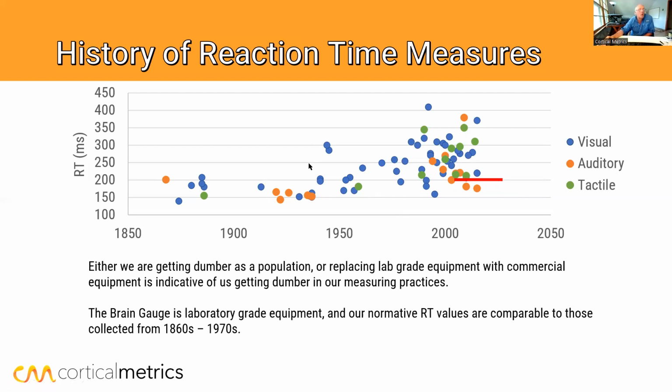These data points are all from papers published between 1850 and 2020, 2022. Basically, we found reaction times of healthy controls, and you see this big drift in the last 30 to 40 years. The reason for that is because of the introduction of the personal computer.